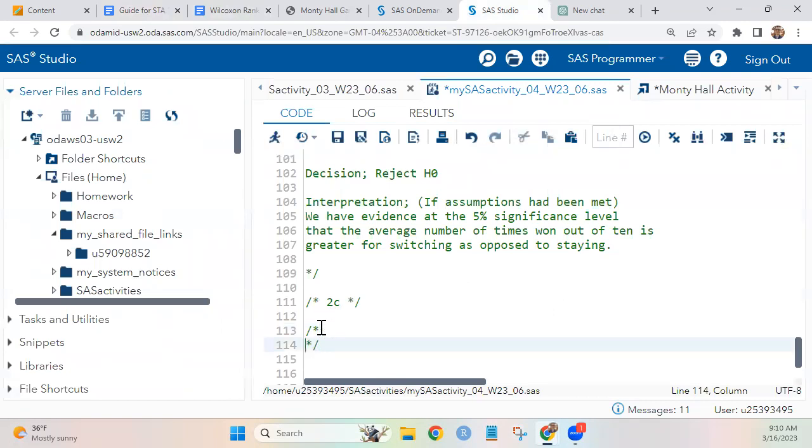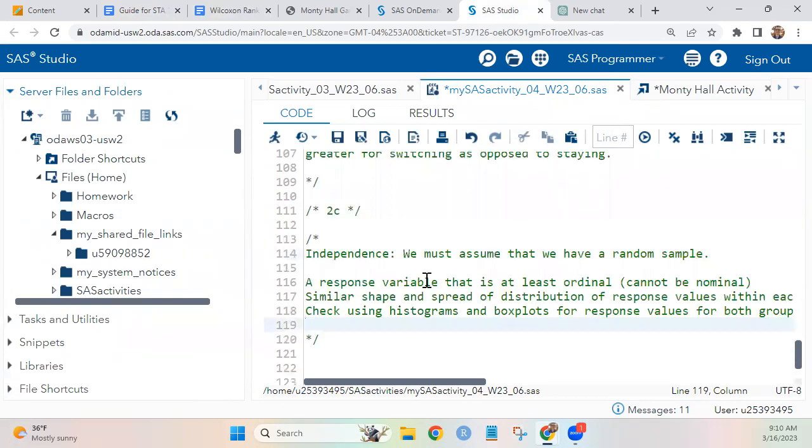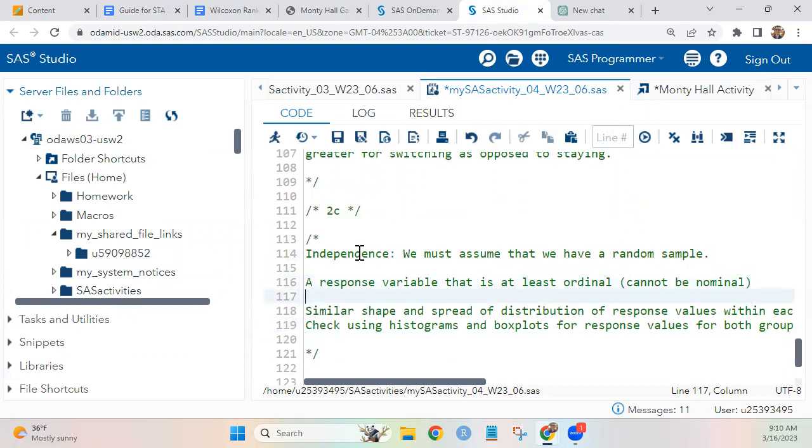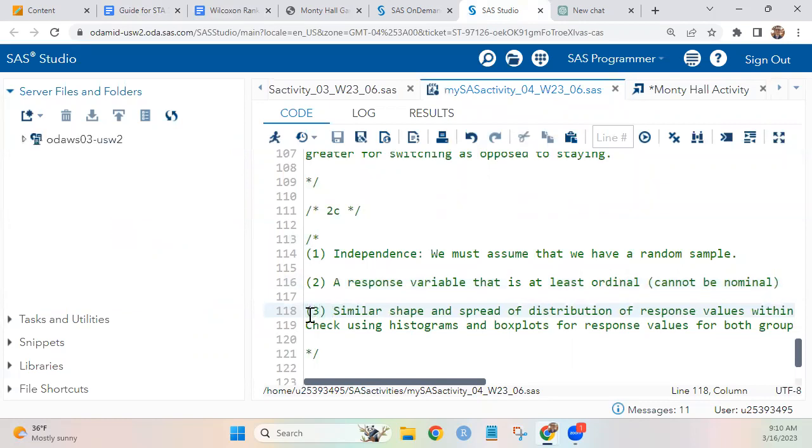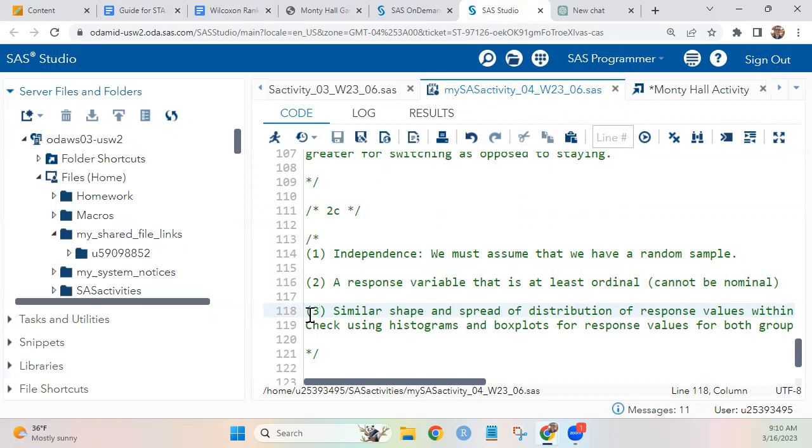I think there are some pretty big limitations to it in that you still need these other assumptions. Normality is no longer a requirement, but in my opinion, the assumptions are still quite strict and often not met. Which is also why we're glossing over this test in class, because in my opinion, it's not the most useful. It's great that if normality is not met you have this as an option to consider, but when normality is not met, it's not often the case that these assumptions would be met either. But we'll check it anyways here.